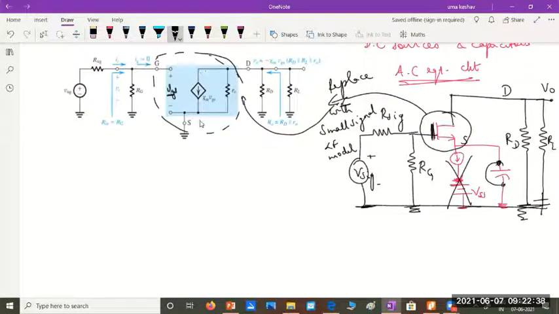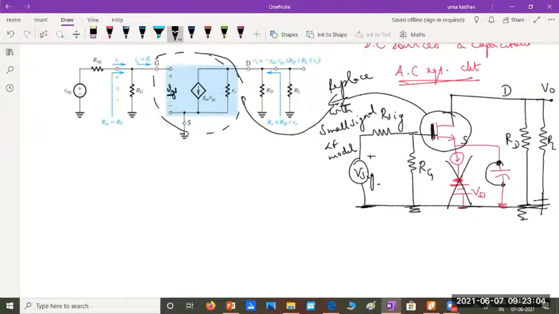And between drain and source for the MOSFET, I have a dependent current source gm into VGS. The value of the current flowing between drain and source will be gm into VGS, in parallel with the output resistance r0 of the circuit. So this would be the replacement for the MOSFET in low and mid frequencies.